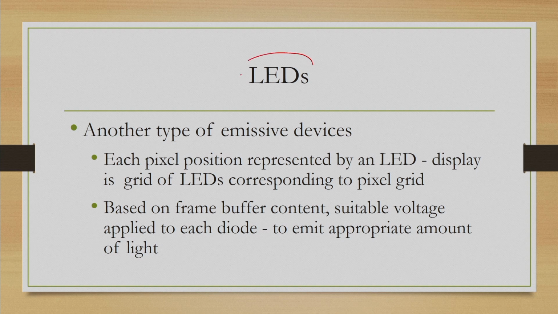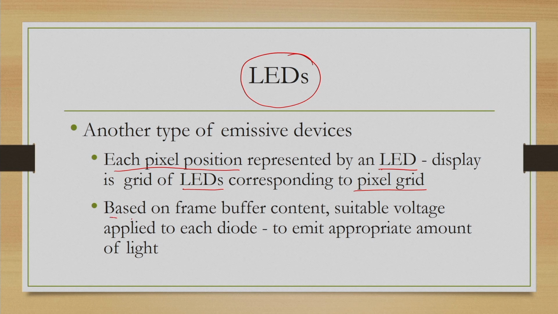Then we have LEDs or light emitting diodes, that is another type of emissive device. In this case, each pixel position is represented by an LED. So, the overall display is a grid of LEDs corresponding to the pixel grid. This is different from plasma panel, as you can see, where we did not have such grids. Instead, ions collide with phosphors and produce lights.